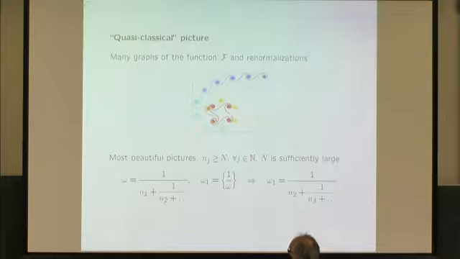Omega is an irrational number between 0 and 1. So it can be represented by an infinite continued fraction with positive integer elements n1, n2, n3, and so on. If you plug this formula into the definition of omega 1, you get this representation for omega 1.